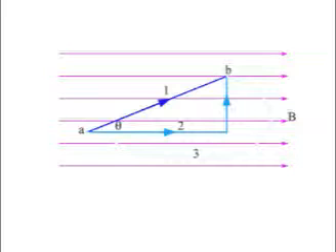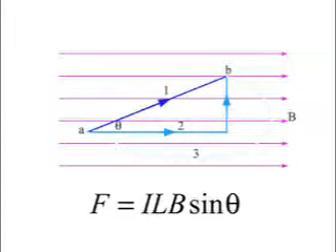The current direction is right along the wire from A to B. So there's our current direction. Our field direction is clearly to the right. So that is the theta we need in our equation. Okay, good. So we get whatever the current is times this length, how long that is, times B. B is the same for all wires, times sine of theta. Okay. Fine. So that's wire 1.